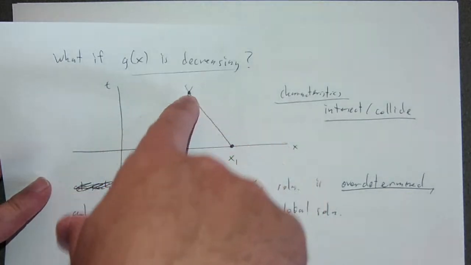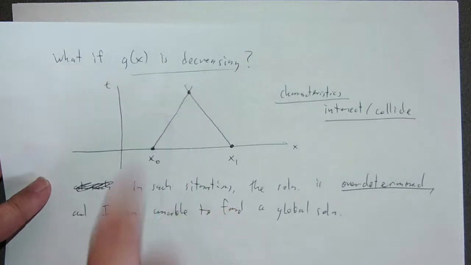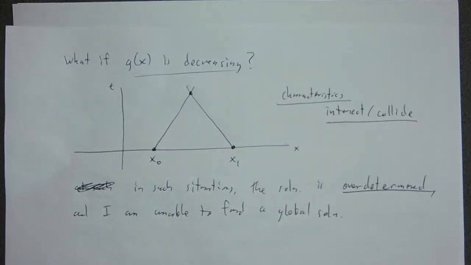Then at this point the solution would have to simultaneously take on two distinct values, which is not possible. I'm not happy having a multi-valued solution. That's not what I want. So this is bad, this is telling me bad things about a potential solution here.